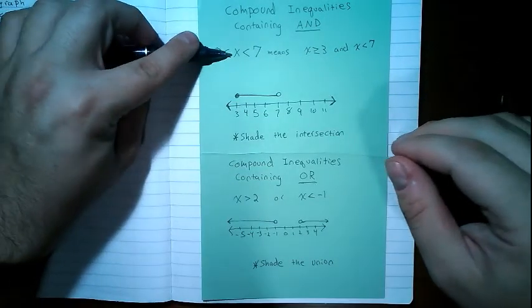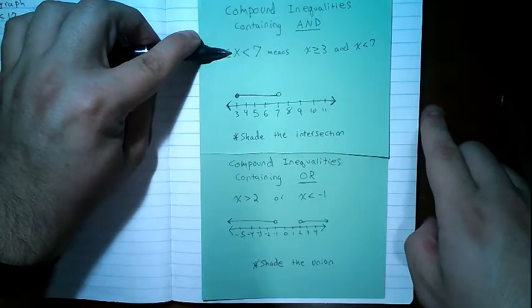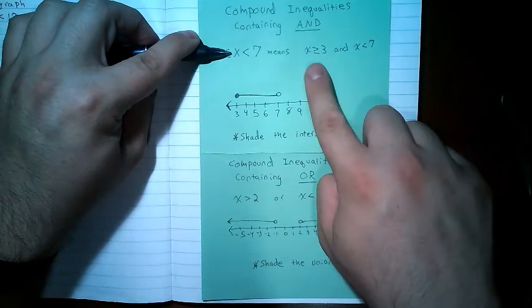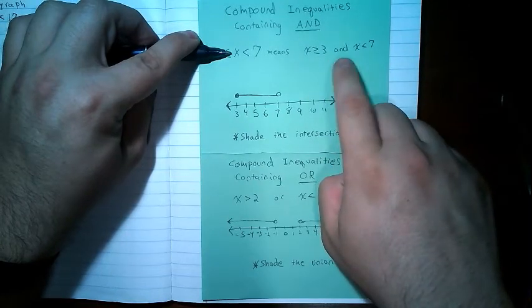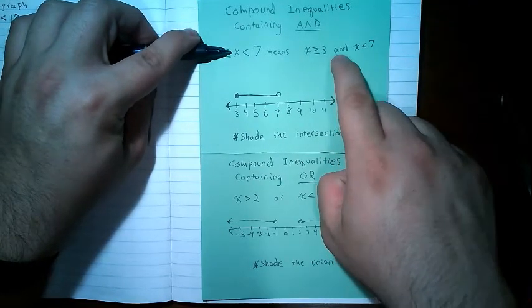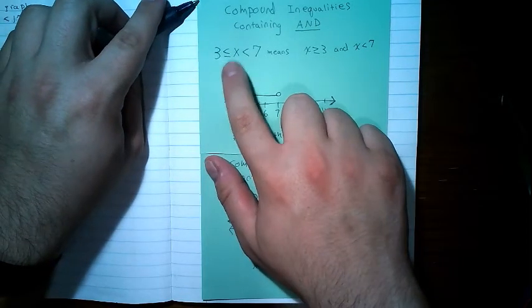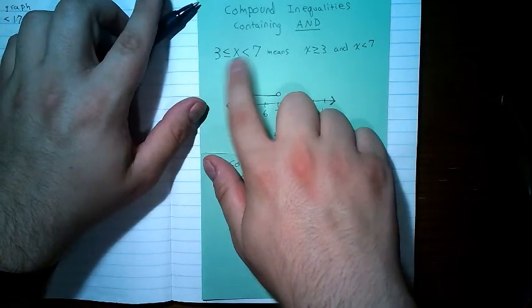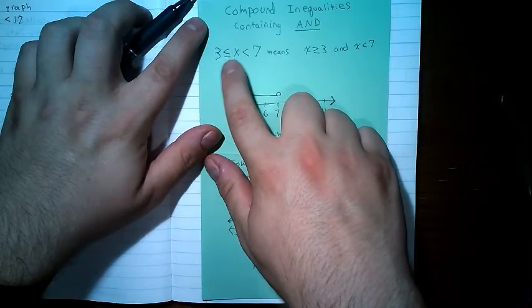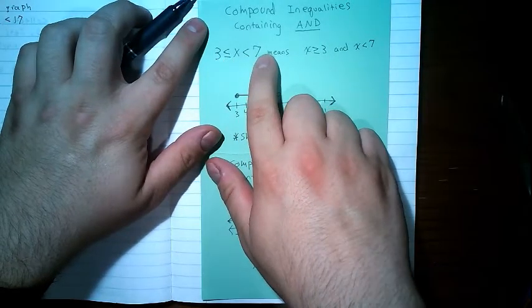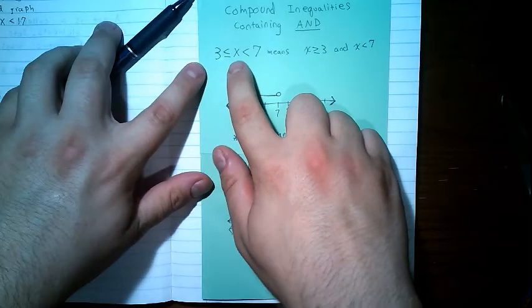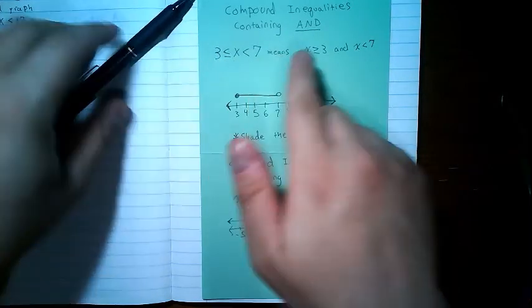And x also has to be less than 7. So you can break it up to literally write in the word and, or you can just put it like this. So x is greater than or equal to 3 and x is less than 7. So it's like reading it backwards, reading it forwards.